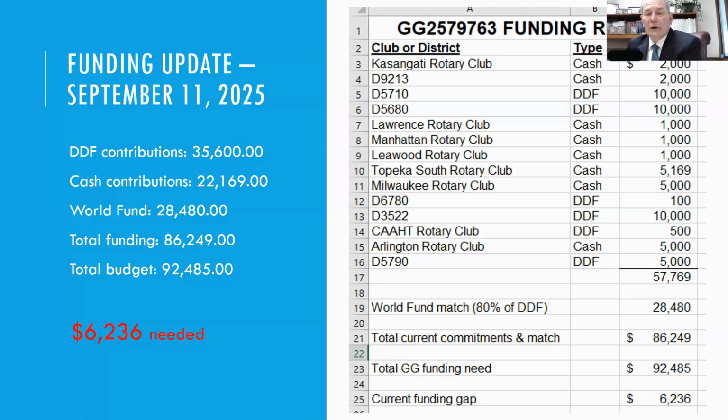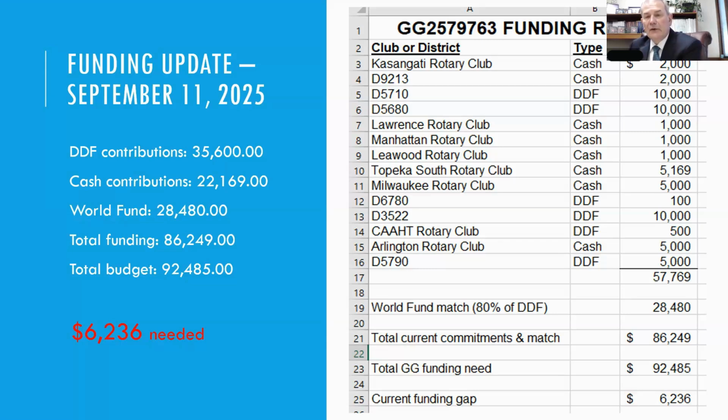And then, of course, after that, the District 3522, that is Taipei, Taiwan. And that's the person I was mentioning that I met on a meeting just like this one. And this will be the 9th global grant that they've partnered with us on.